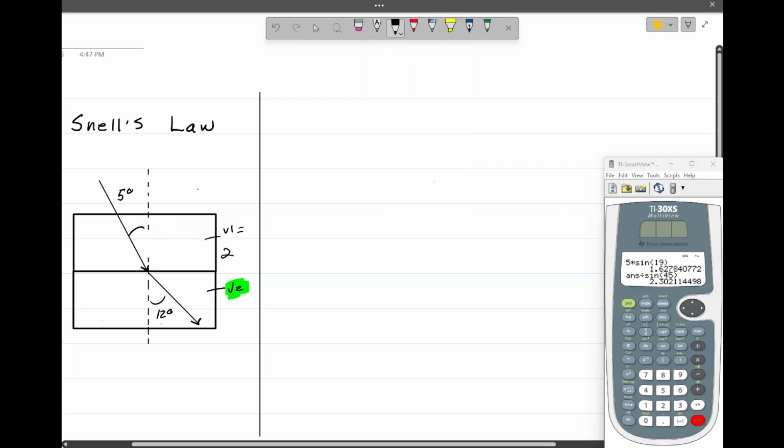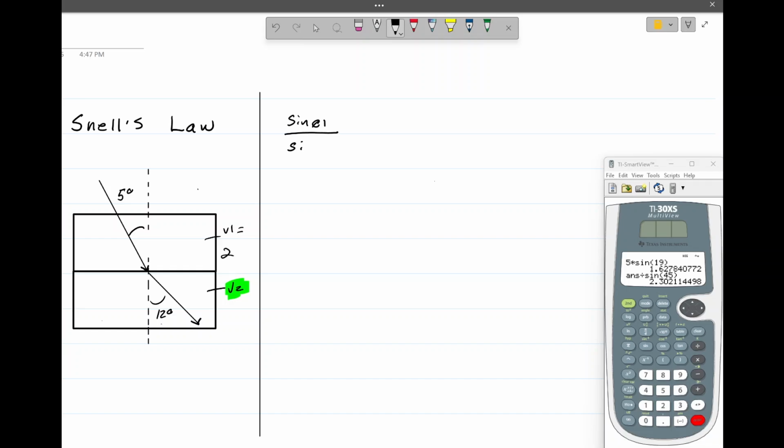All right, step 1, I'm writing out the equation. Step 2, plug in the numbers. Step 3, cross multiply.